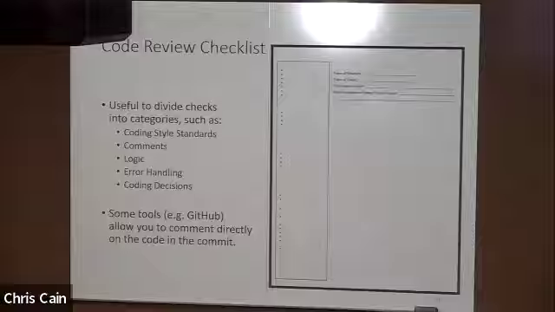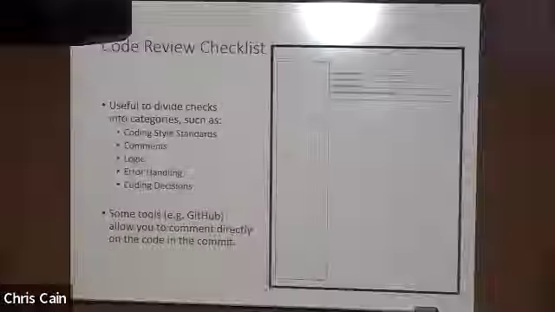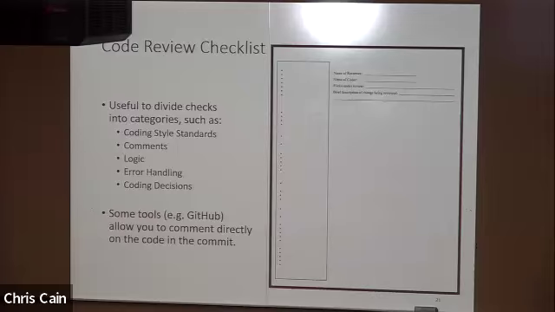So logic, how correct is everything? Error handling, what happens in those edge cases? What happens when something that we don't expect happens? How thorough, how nicely does our code break? Does the user get to save their work? Or something like a UML editor, if the user tries to do something that breaks the code, do they have an opportunity to save before it breaks?